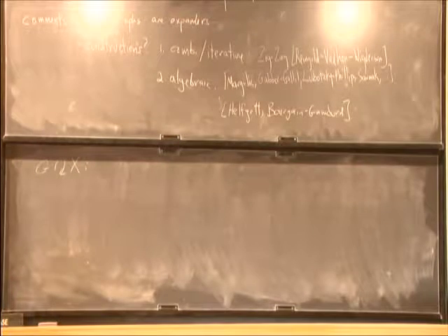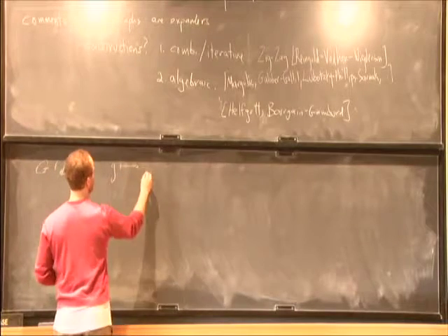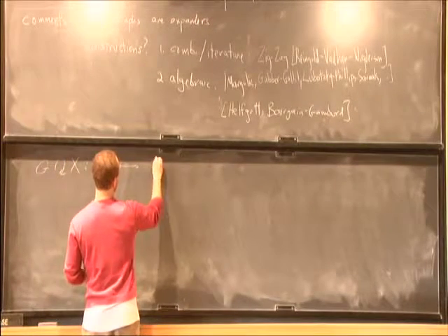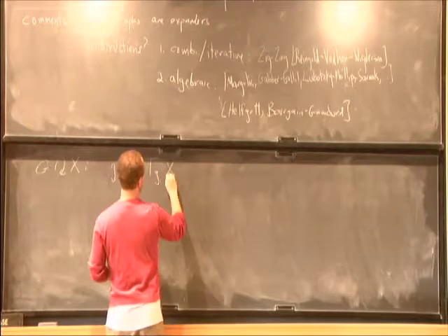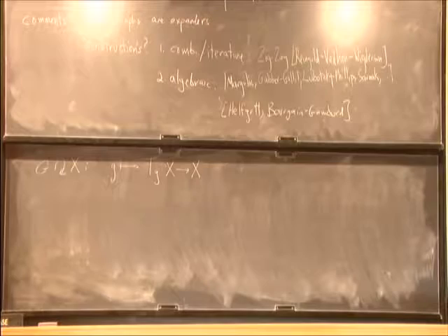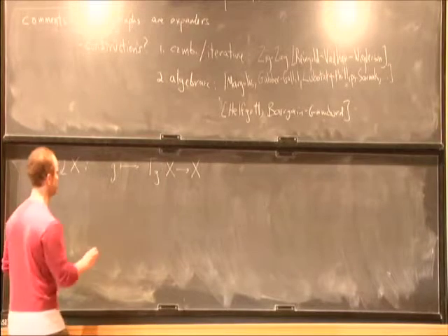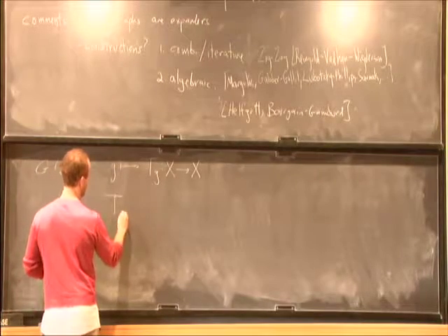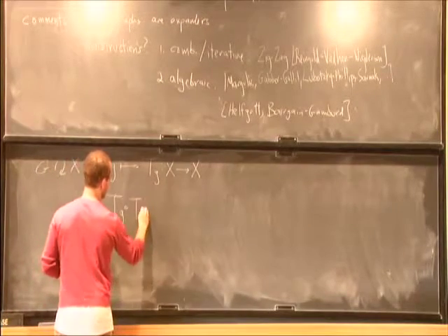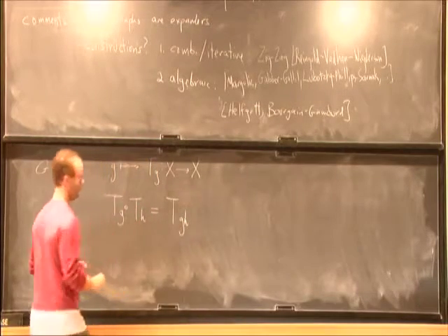What does this mean? This is very simple. For every group element, we associate a map from X to itself. And this map respects the group structure. So the composition of these two maps is the map of the product.